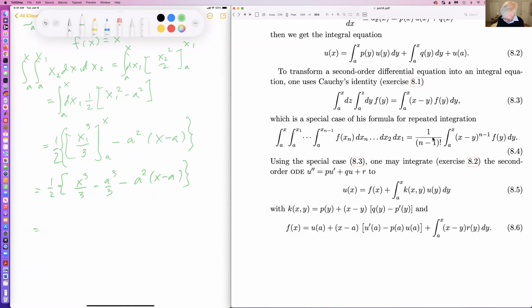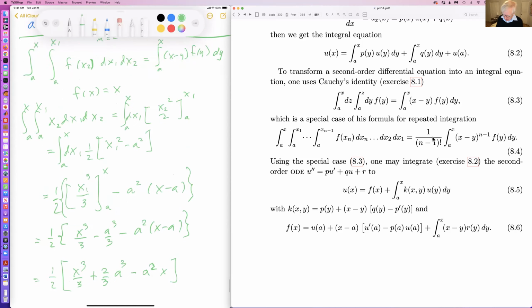So this is 1/2 x cubed over 3. So that's a cubed minus a third. So that's plus 2/3 a cubed minus a squared x. So that's what I have. I could be screwing it up.